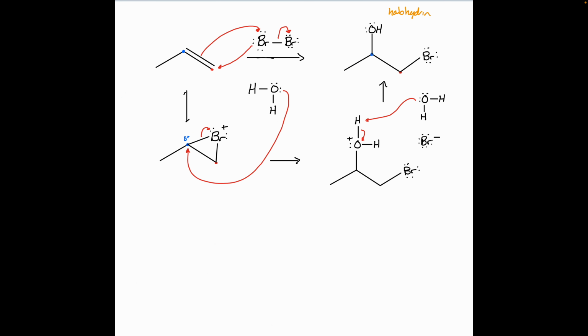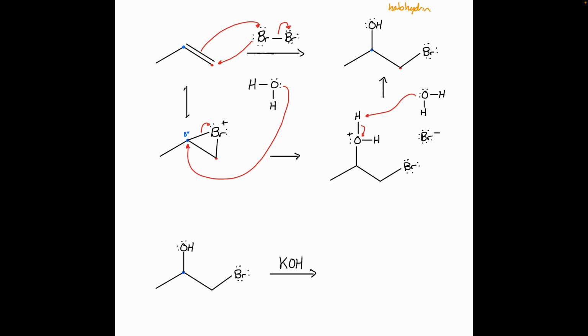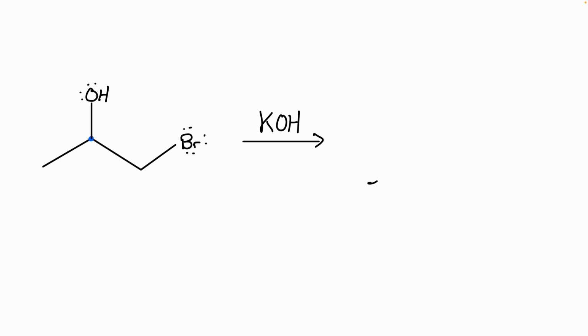Okay, our second step is when we take that halohydrin, we put it in some basic solution, and we get this epoxide product, this carbon-oxygen 3-membered ring here.